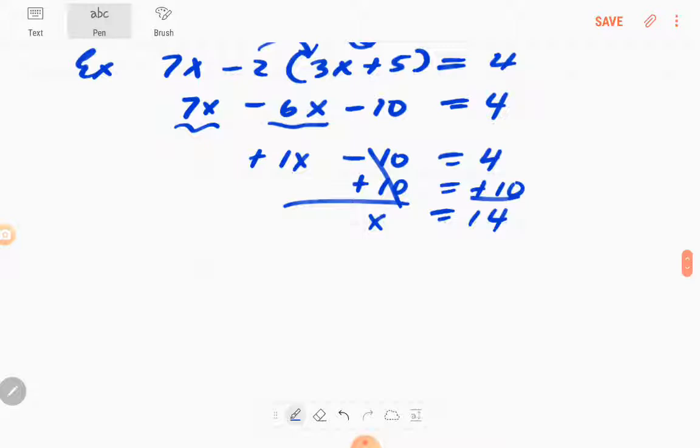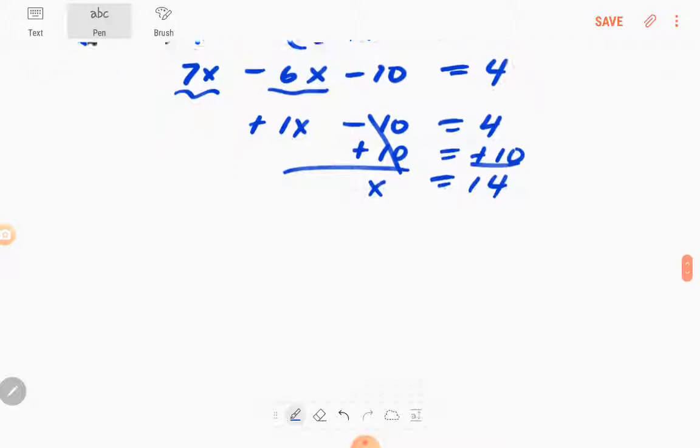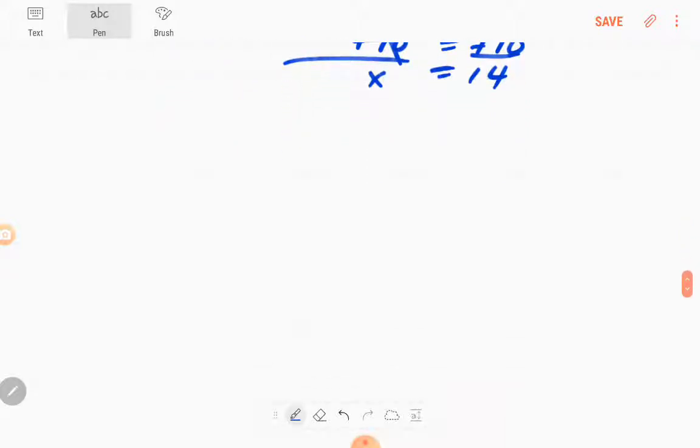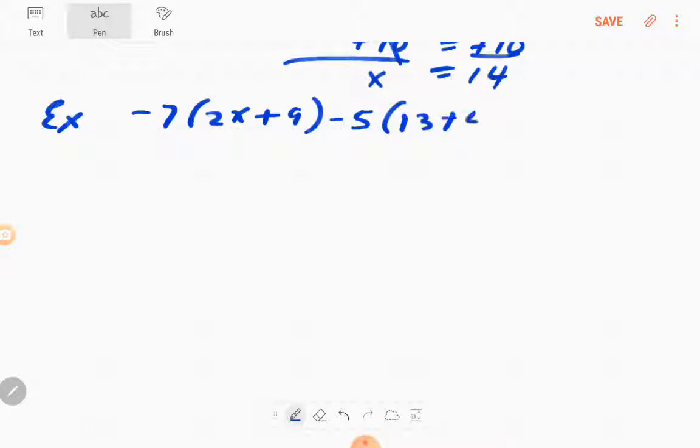And let's look at one final example. And this one is, okay, so here we have minus 7, 2x plus 9, minus 5, 13 plus 4x equal to minus 8, 3x minus 1.